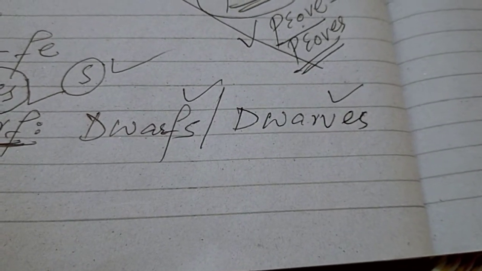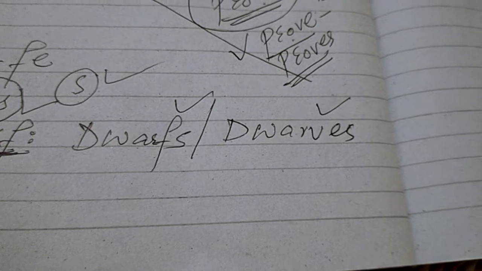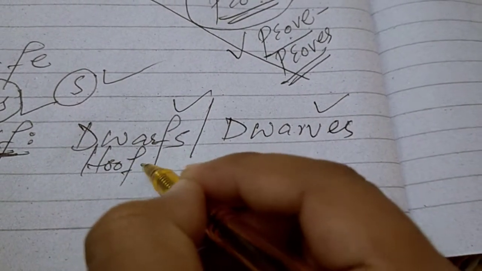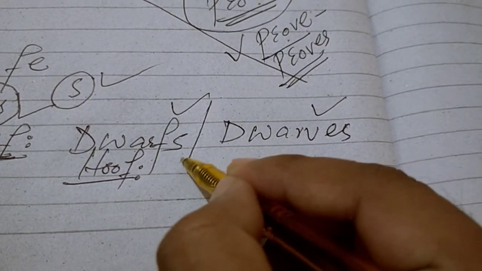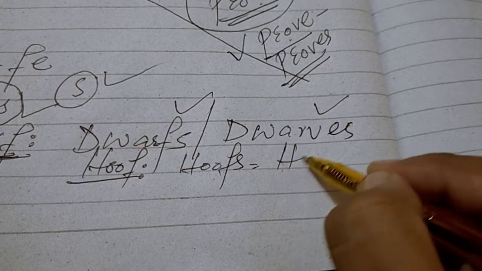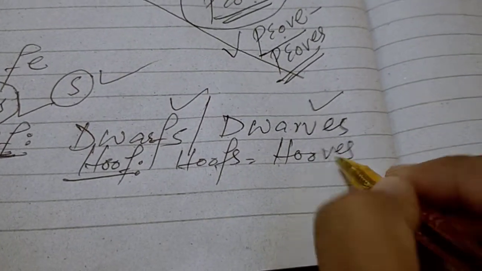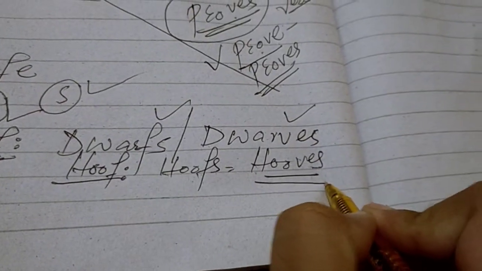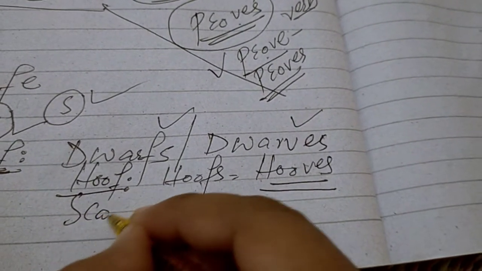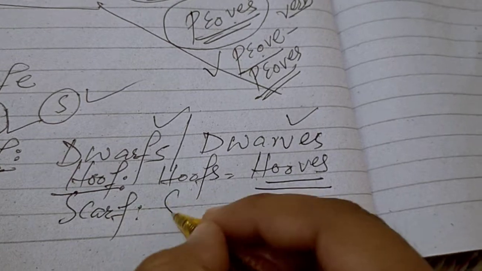They both are correct. And then let's discuss another example, hoof. In both ways आप s भी लगा सकते हैं, या फिर hooves भी लगा दिया. So this is how we'll be moving forward. Scarf, another example, scarf is there.